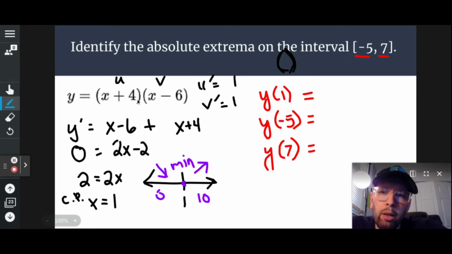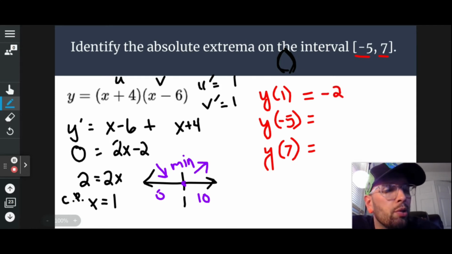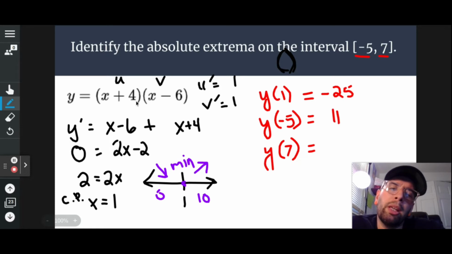If I plugged in 1, that would be 5 times negative 5, which is negative 25. That would be negative 1 times negative 11, which is 11. And that would be 11 times 1, which is also 11.